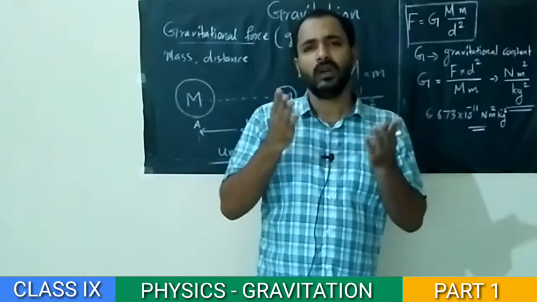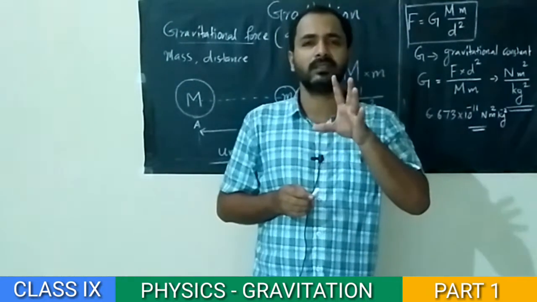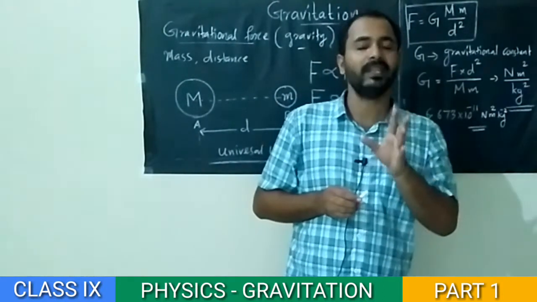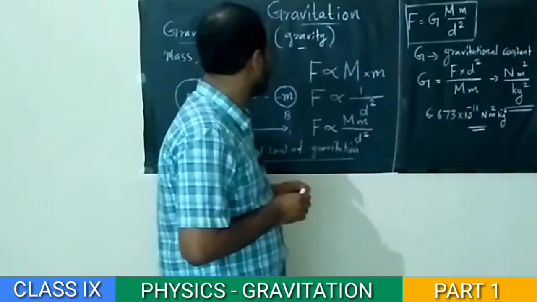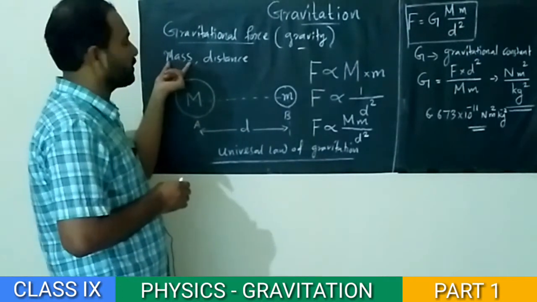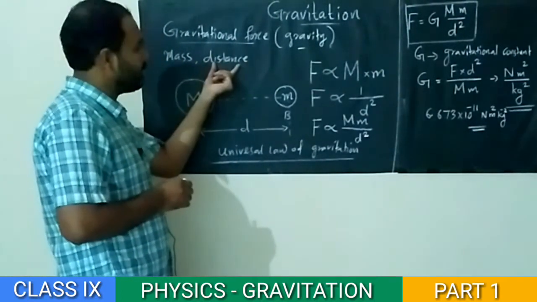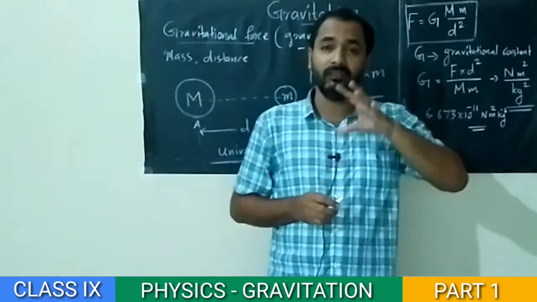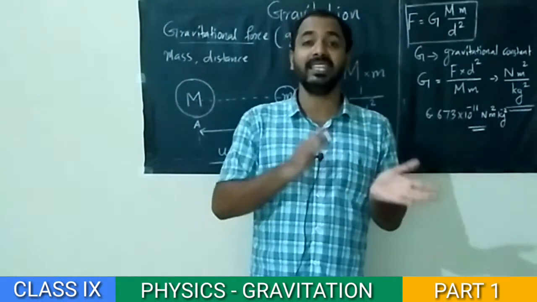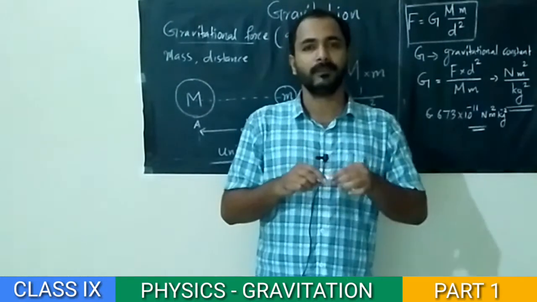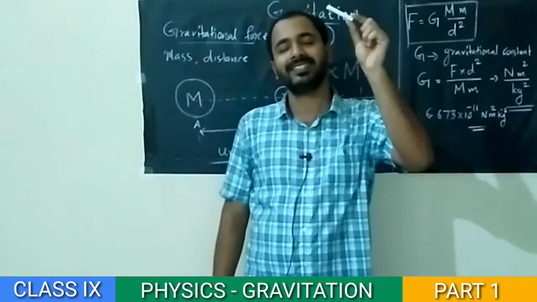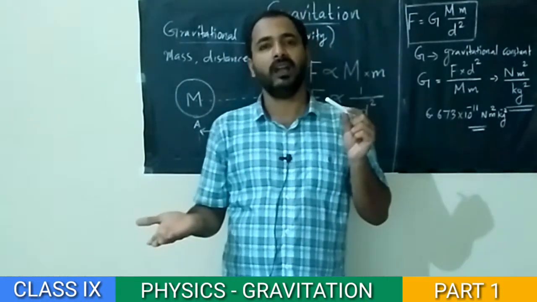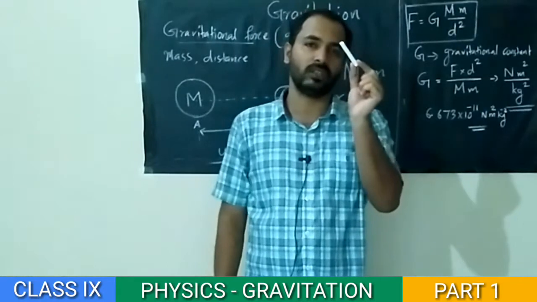So we know the factors on which gravitational force depends. Gravitational force depends on two factors. One is the mass of the object. The second one is the distance between two objects. We know every object in the universe attracts each other. That means this chalk is attracted by the earth and the earth is also attracted by this chalk.